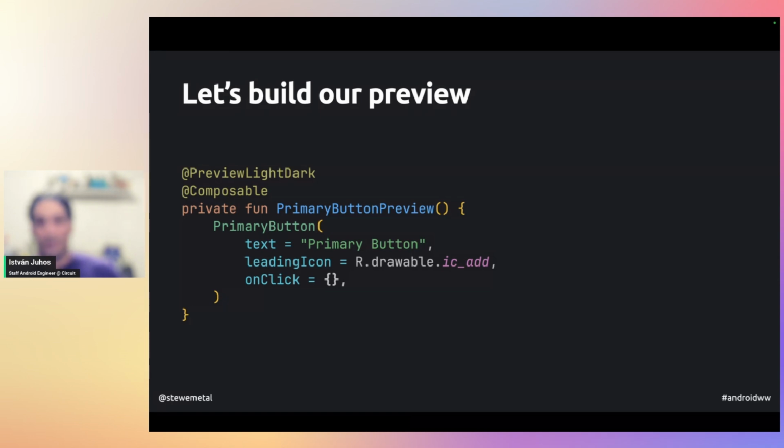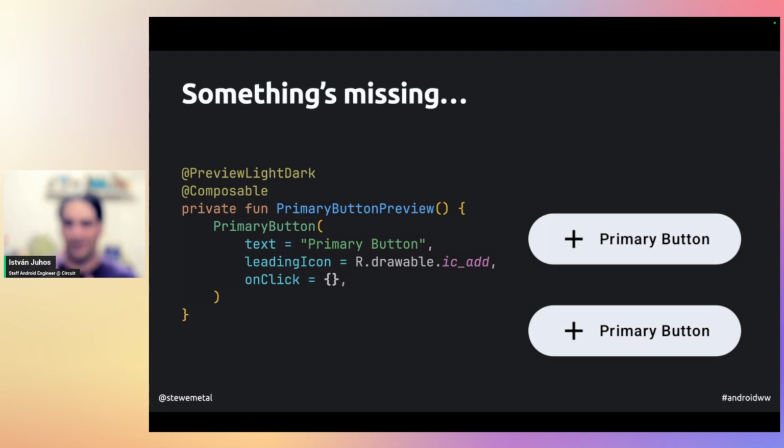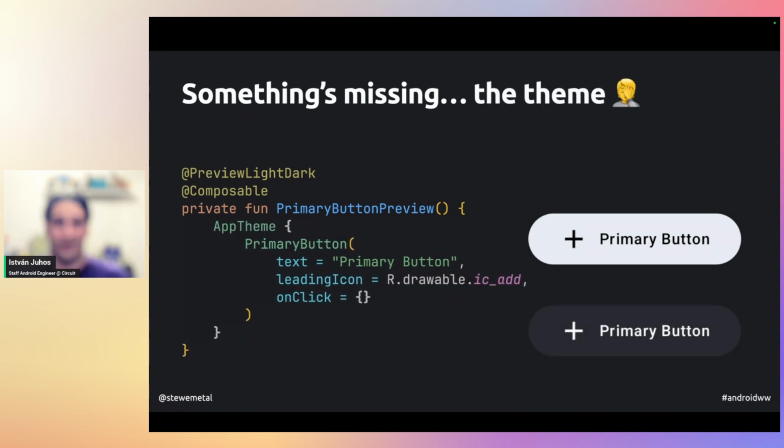We just call the primary button composable in the preview function, and what we get are two of the same buttons. Something's not right there, right? Something's missing. What's missing from here? Probably you could already see the issue. The issue is the app theme.